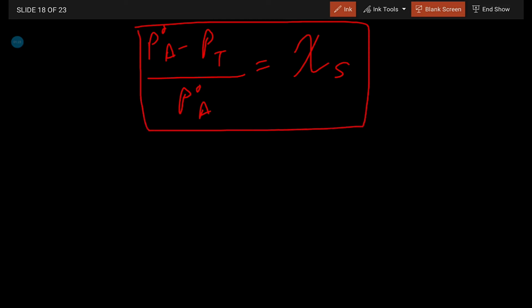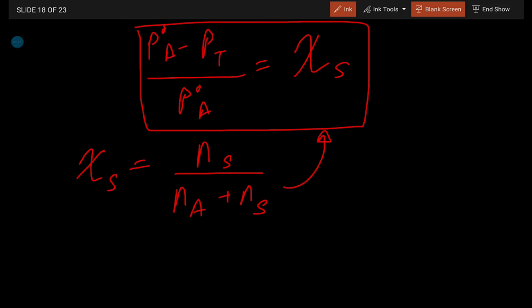Now another equation that we know is that the mole fraction of solute is equal to the number of moles of solute upon the sum of the number of moles of solvent and solute. Using this, we arrive at a much simpler equation: (P naught A - Pt) upon Pt is equal to the number of moles of solute upon the number of moles of the solvent.